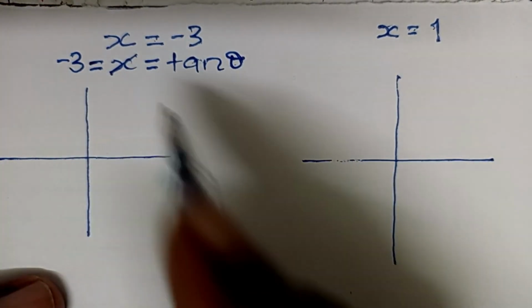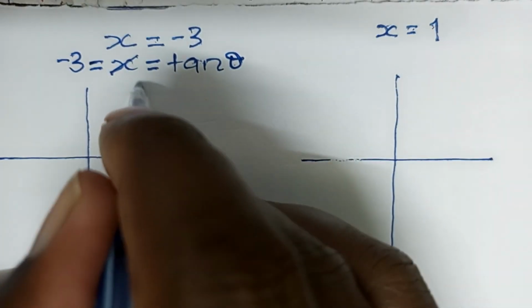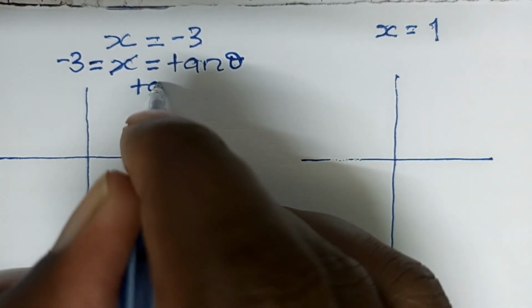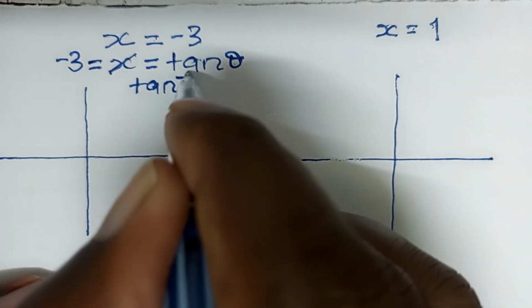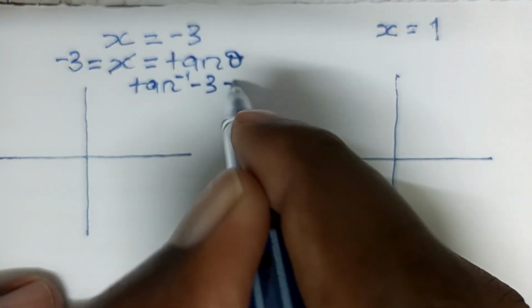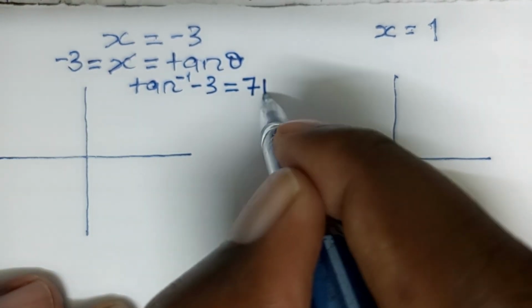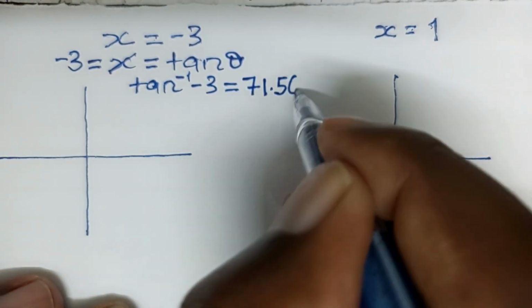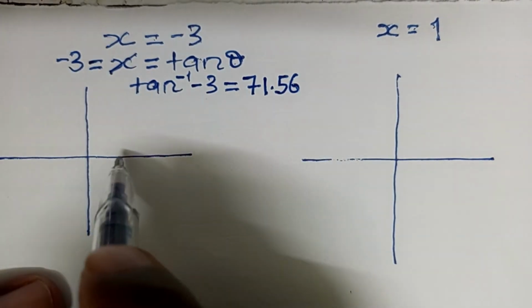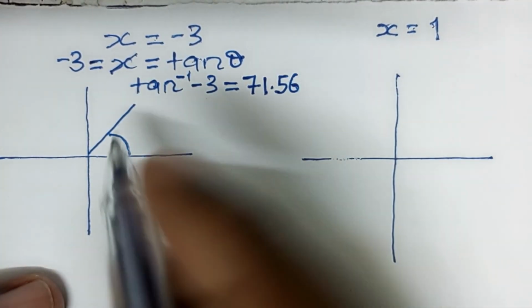And this one will give us, if we take tan inverse of negative 3, 71.56, and this one can be represented by that.